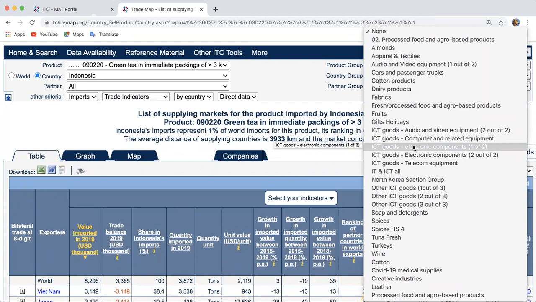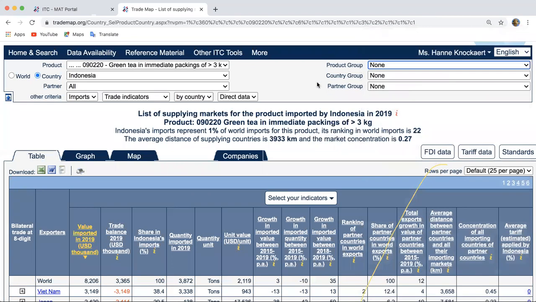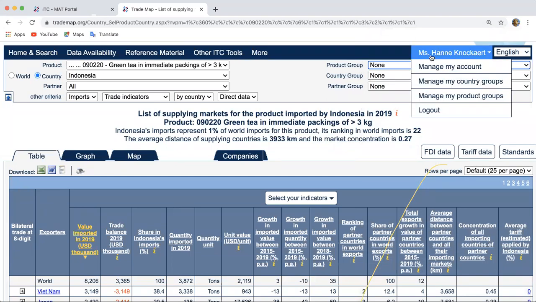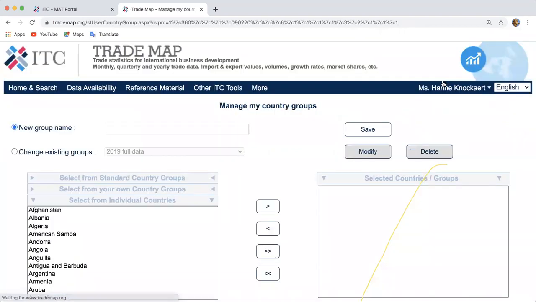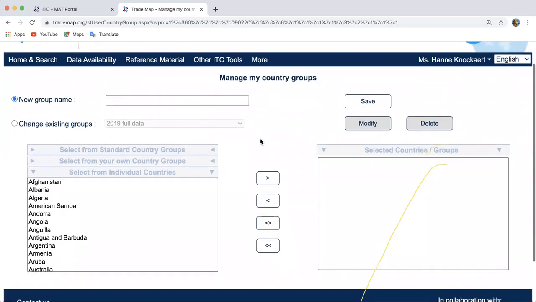So this is the one that I created, but it's not always as easy to find every single product that belongs to this group. So it's quite a big adventure to do this, but it could be worth it if you're really interested in these type of products.